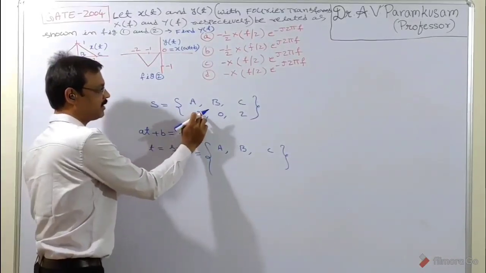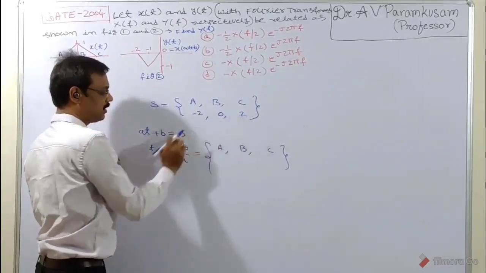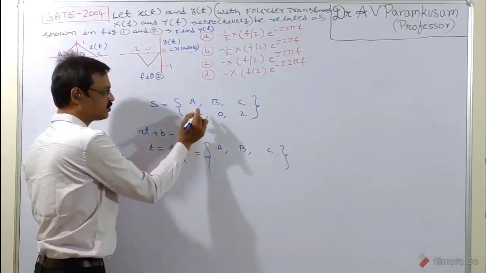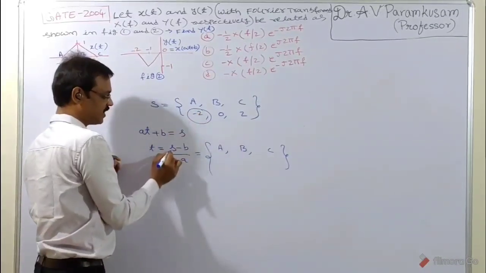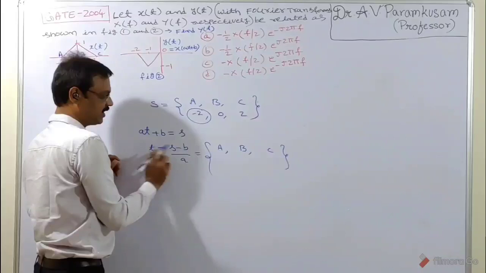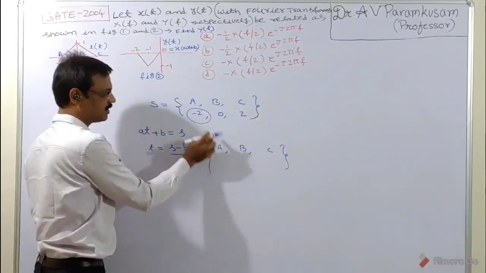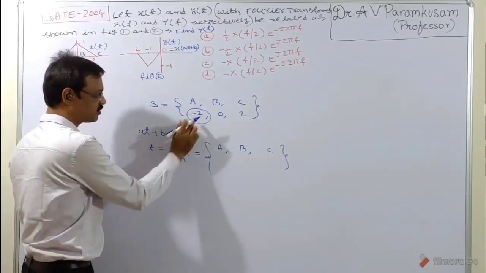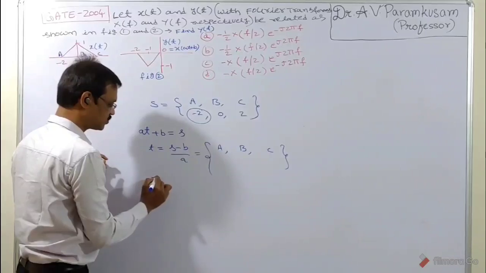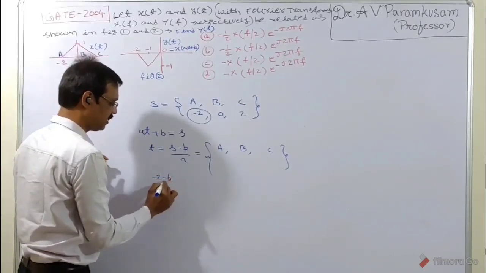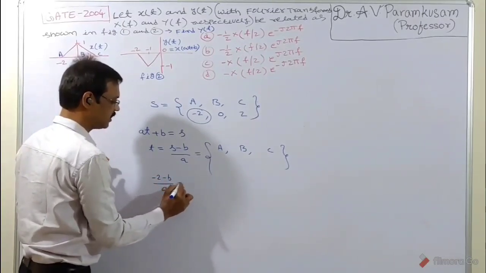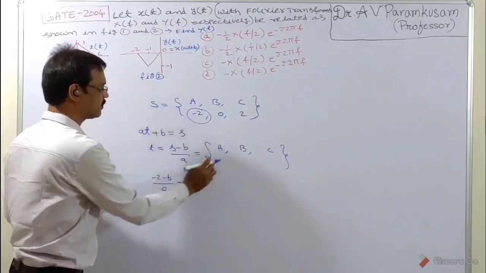You have to apply these values in place of s. If you substitute minus 2 in place of s, then you will get the value of t for the corresponding a. So minus 2 minus b by a is equal to the a point.